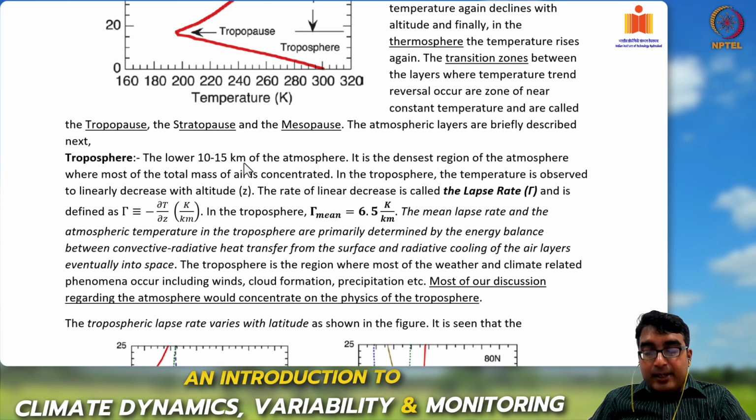Because it's the densest layer, the troposphere, even though it's the smallest region in terms of total length, is the densest and the thickest part of the atmosphere, containing most of its mass.